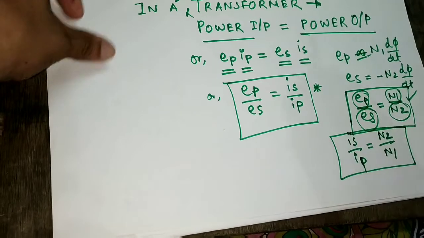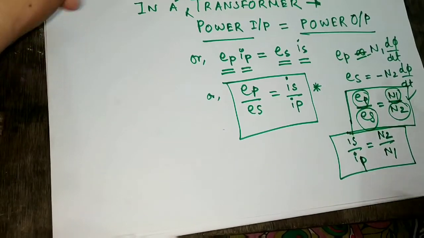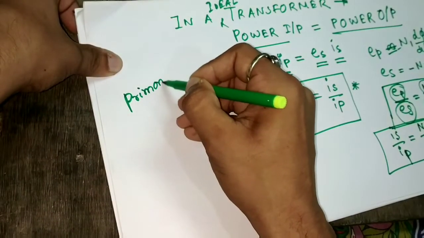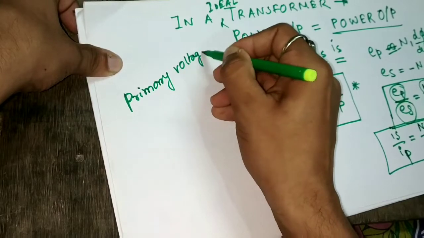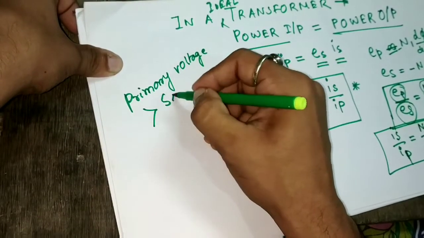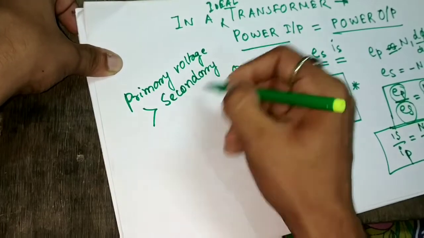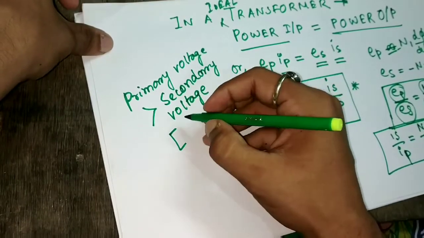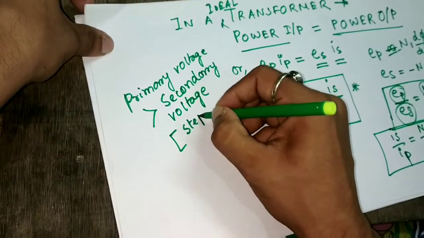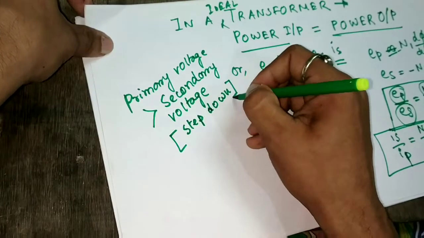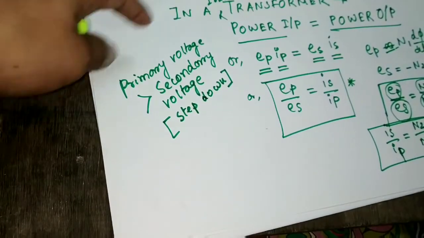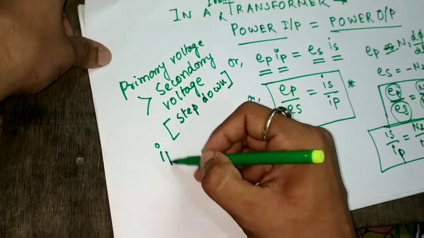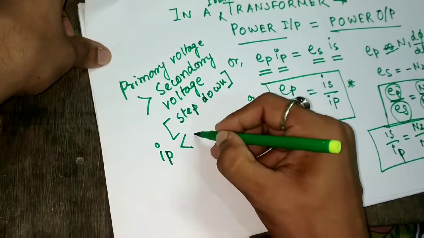So, if the primary voltage is greater than the secondary voltage, which is known as step down operation, then the primary current will be less than the secondary current.